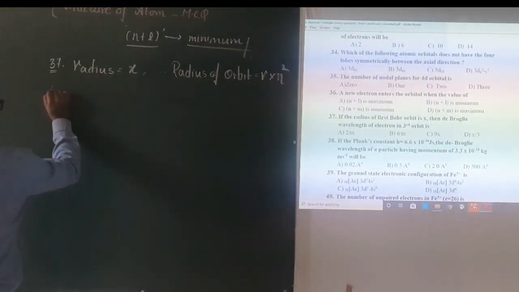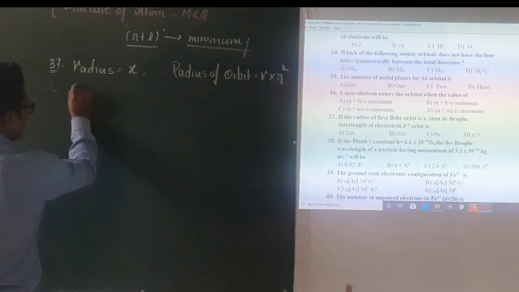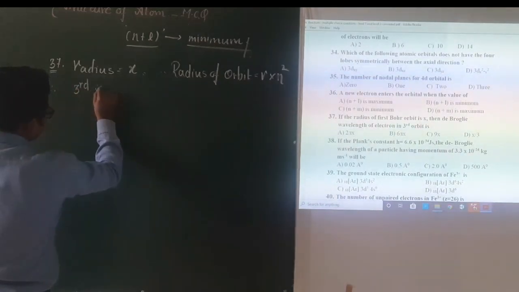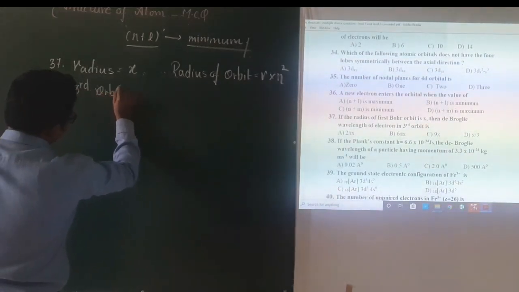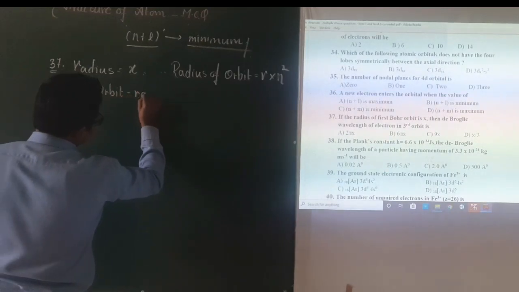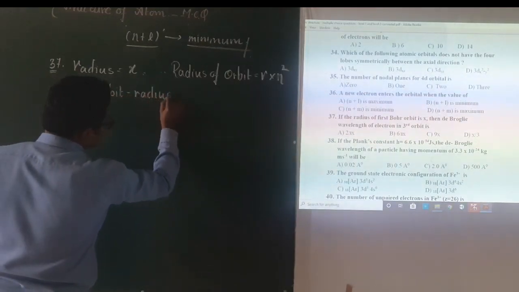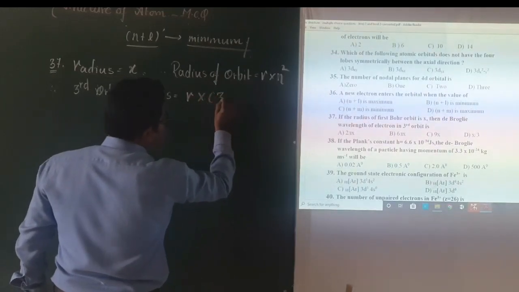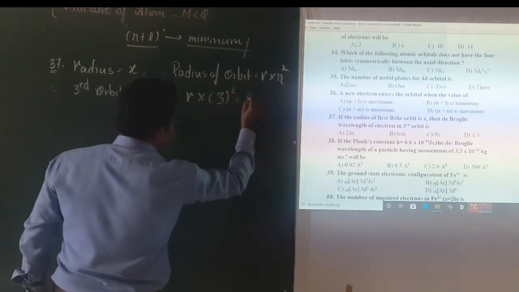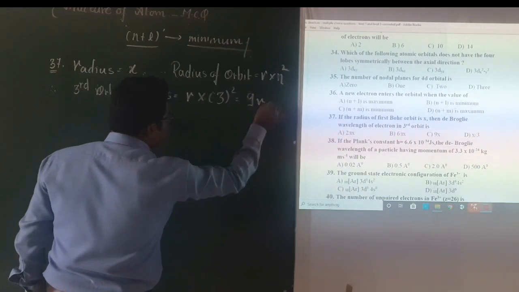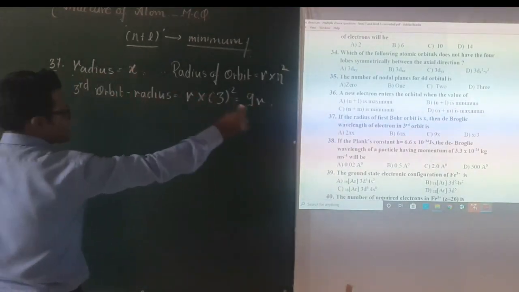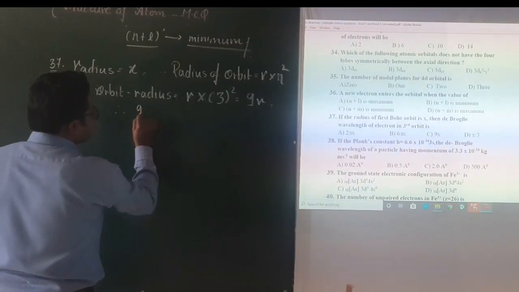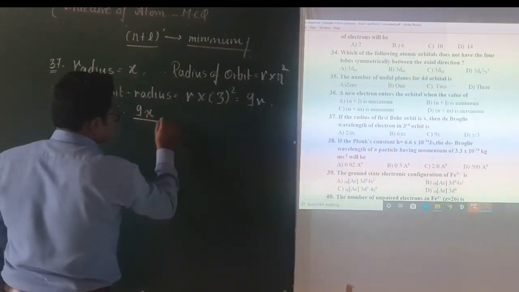So if we are speaking about the third orbit, the radius in this case will be equal to r into 3 squared, that is nothing more than 9r. But the radius is given as x, so can we write it down as 9x here.